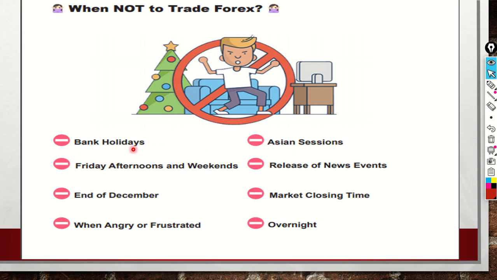If we have a United States dollar bank holiday, what it simply means is that for the United States dollar that day, there's not going to be much movement in the price. So when a currency pair has a bank holiday, leave the currency pair and jump onto another pair. Also Friday afternoons, late Friday going towards the end of the trading week, don't trade.